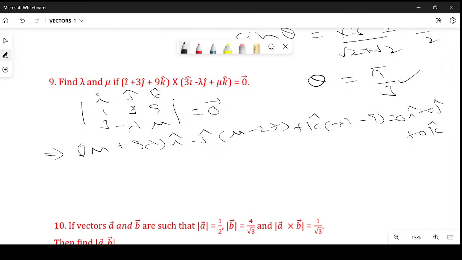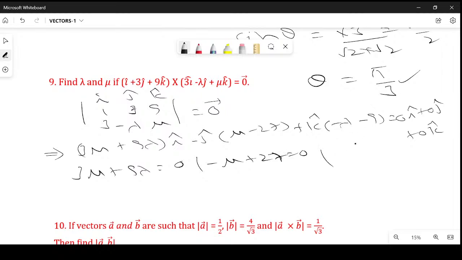Now comparing like terms on both the sides, you will get 3 mu plus 9 lambda equal to 0. If we compare the j cap coefficient on both the sides, it is minus mu plus 27 equal to 0.